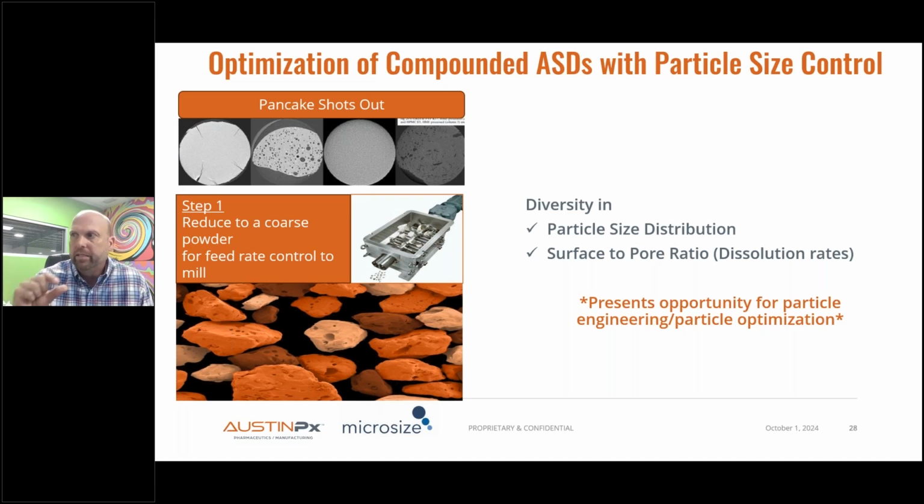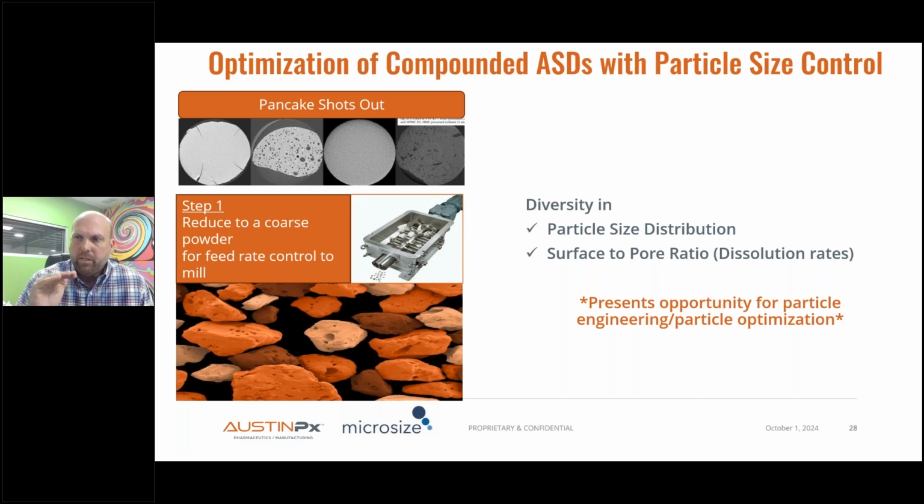Two things with this is a delumper in that first step gets you a very wide distribution of particle sizes, anywhere from millimeters down to hundreds of microns. And if you look at the morphology of the particles there's two things going on there.